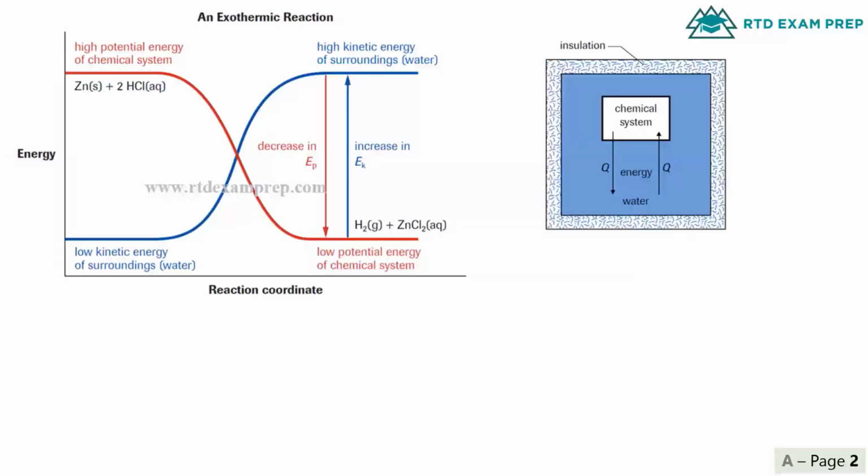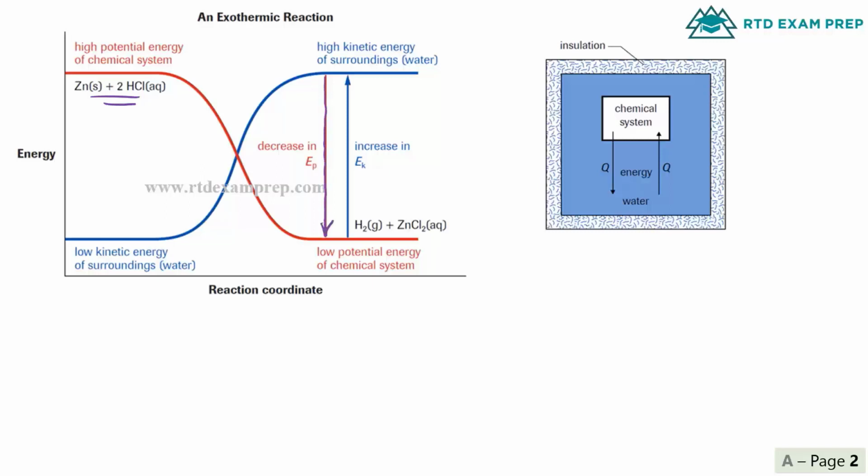So what we have here on the left is a diagram that shows the relationship between the change in potential energy of a chemical system and the change in kinetic energy of the surroundings of that system. We can see here for this particular reaction between zinc and HCl that there's a decrease in potential energy.